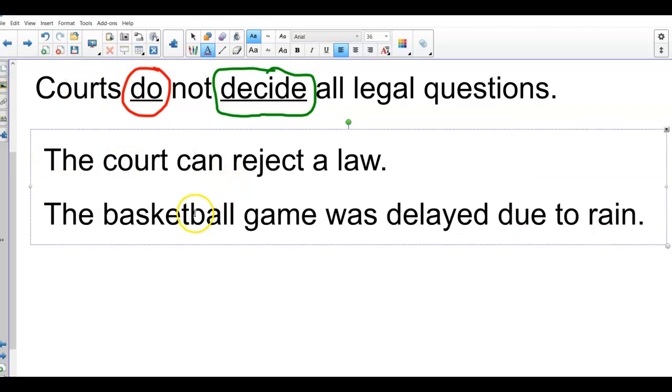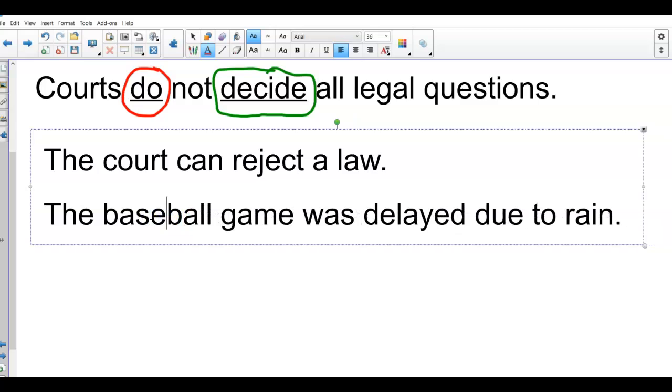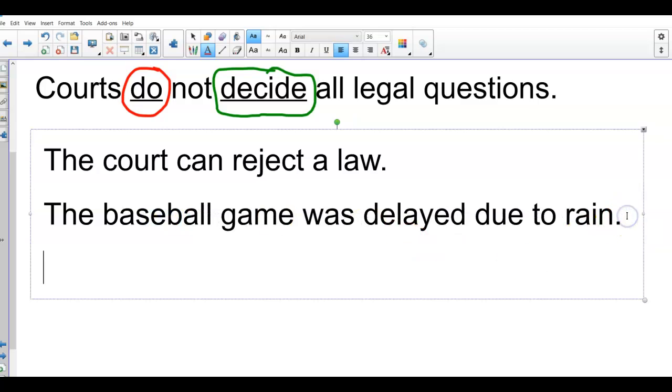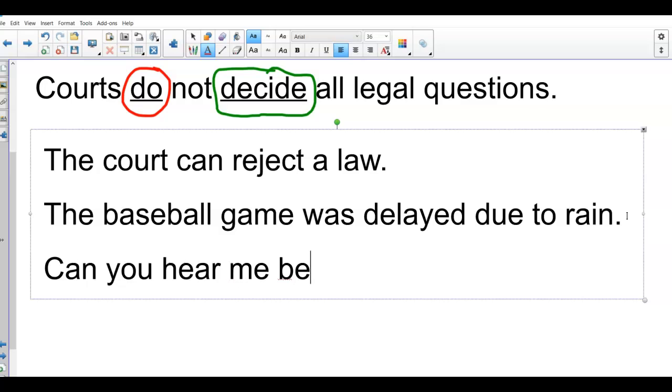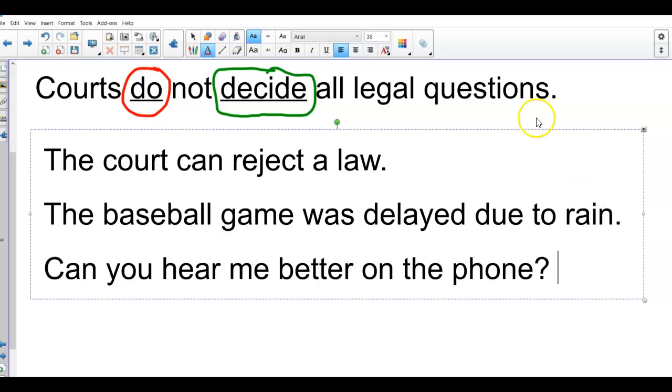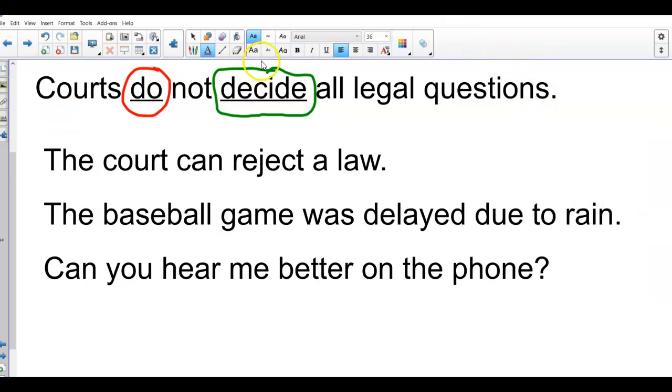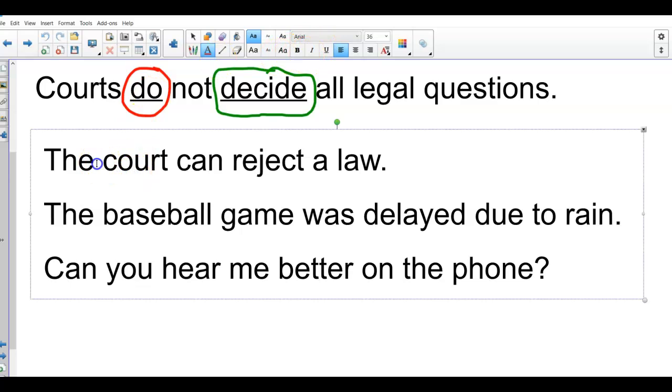Okay, I'm going to change that to baseball because basketball's played inside. And one last one, we will do, can you hear me better on the phone? Okay, so I'm going to first underline my verb phrase.